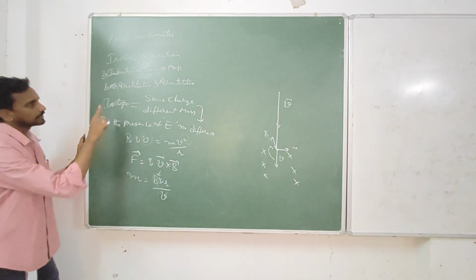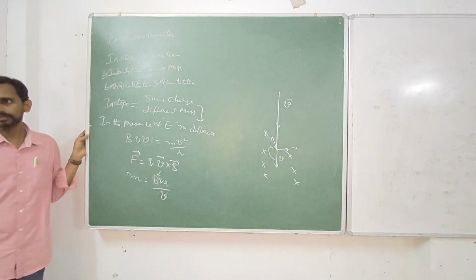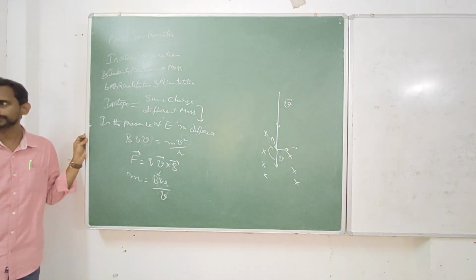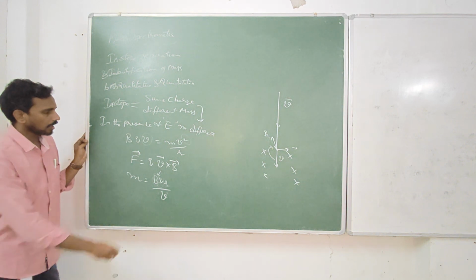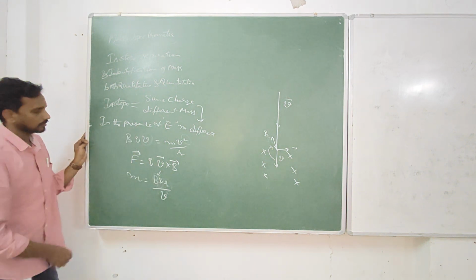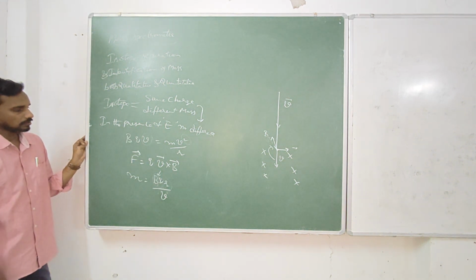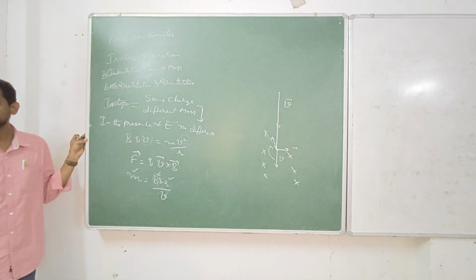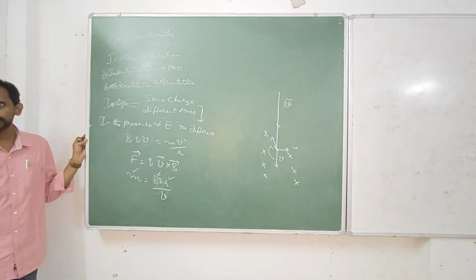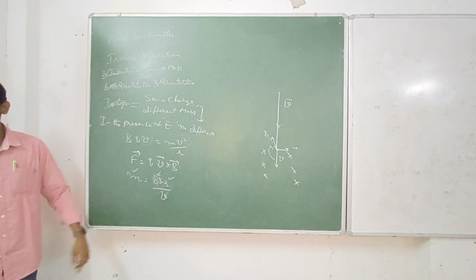Q is the charge of the particle. All particles have the same charge. R: if mass changes, radius also changes, provided velocity is constant.